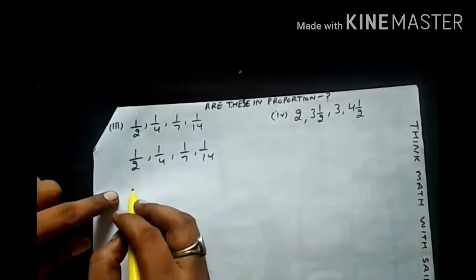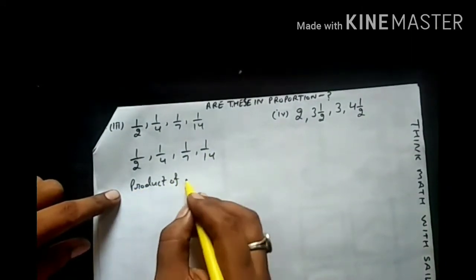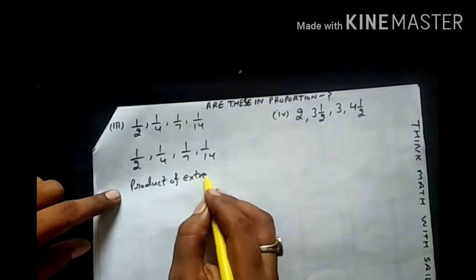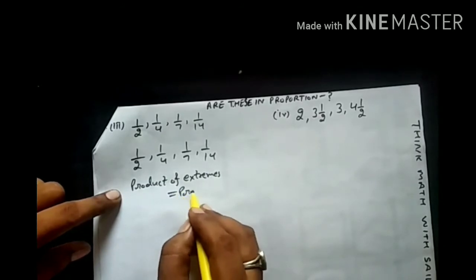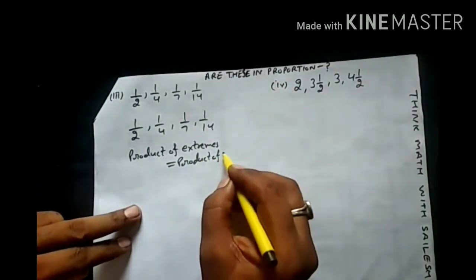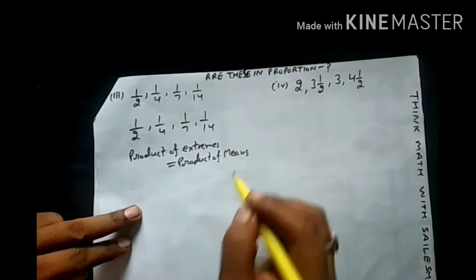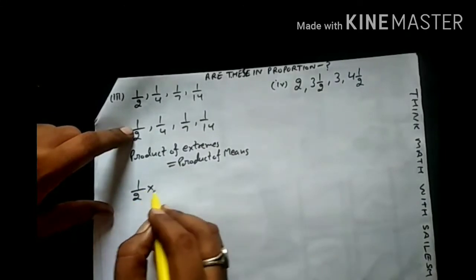Now we must multiply the extremes. It means we will write the product of extremes should be equal to the product of means. If the answers are same, then we can say that these are in proportion.